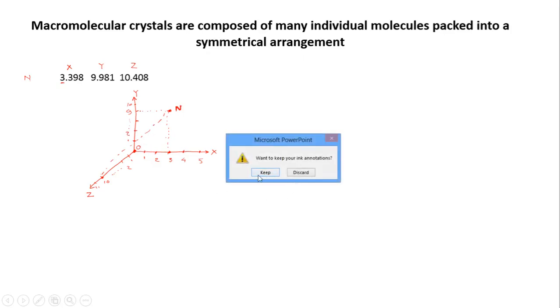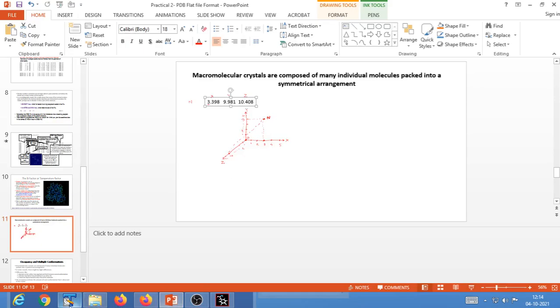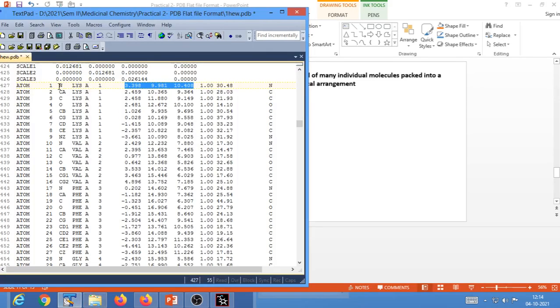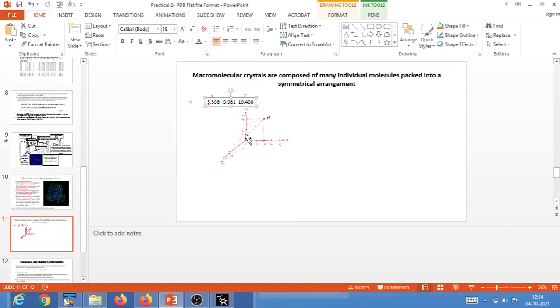Each and every line in your PDB file starts with ATOM, and each atom has 3D coordinates. The first column corresponds to the x coordinate, the second column to the y coordinate, and the third column to the z coordinate. These coordinates are in reference to the origin of your Cartesian system.